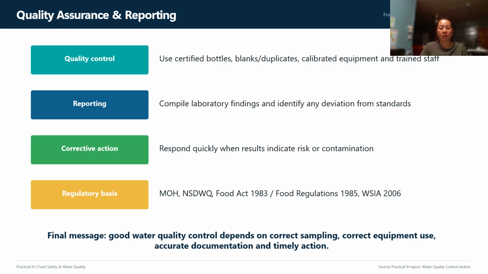After laboratory analysis, the results are reviewed to identify any deviation from the required standard. If contamination or non-compliance is detected, corrective action must be taken quickly. Overall, good water quality control depends on proper sampling, correct equipment use, accurate documentation, and timely action.